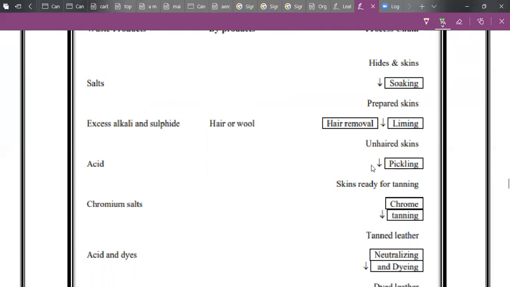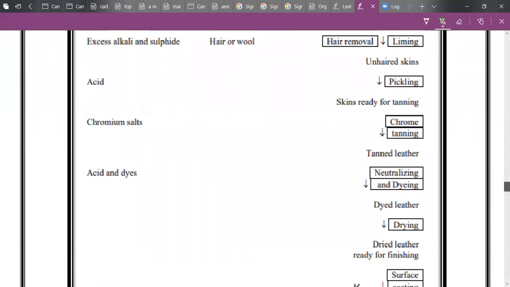So that's why acids are the waste product. With chrome tanning, we can tan the leather, and in this way, the chromium salt and mineral salts are the waste product. After tanning, we can neutralize and dye the leather. So the acids and dyes which are in excess in leather are removed.